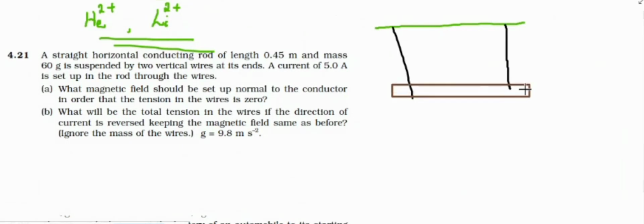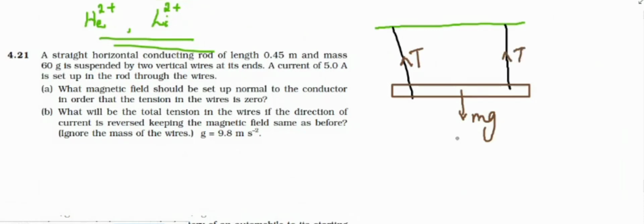So here we have a fixed point, then two wires, and from these two wires a conductor is hanging. Now the weight mg is acting downwards and the tension in the wires is acting upwards.